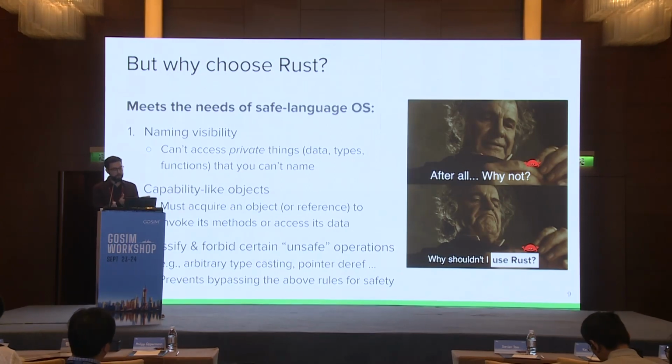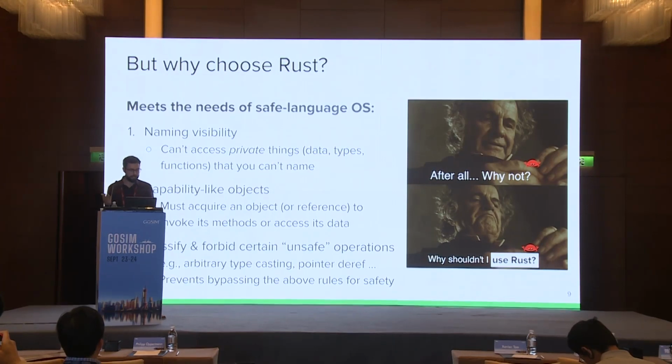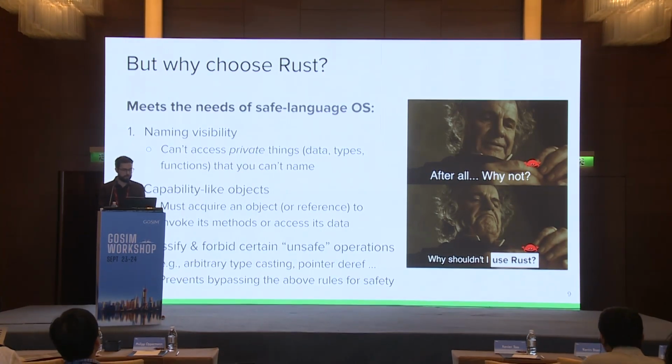That leads me into the third point, which is that we need the ability to classify whether or not something is unsafe. And I don't necessarily mean just in the sense of Rust's usage of the word unsafe, but something that could violate isolation, right? And then forbid that. So Rust lets us do that. Obviously, it has an unsafe keyword. So it's classifying that functionality for us already.